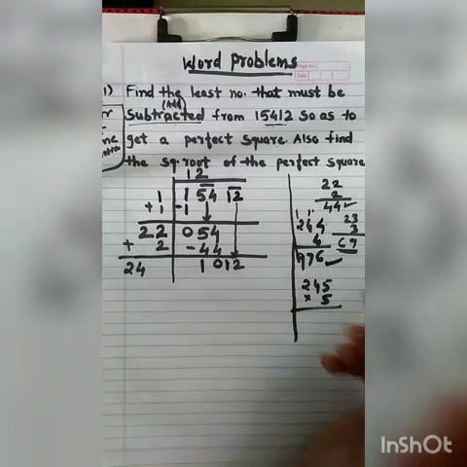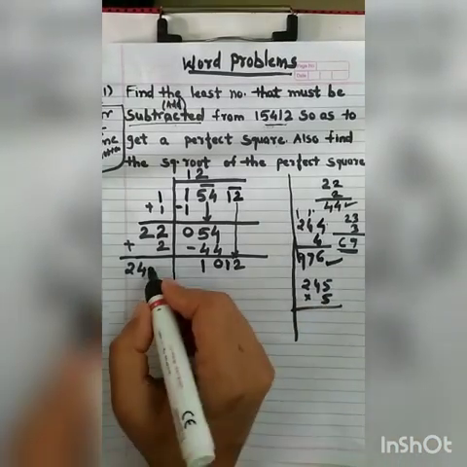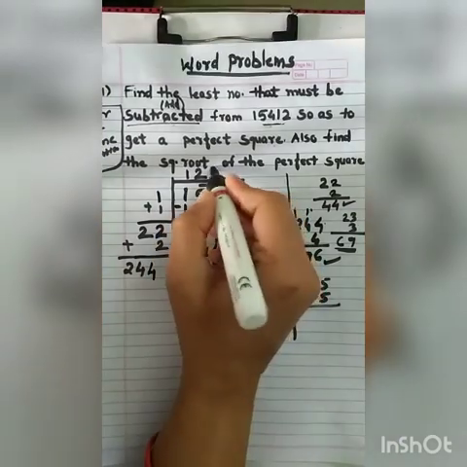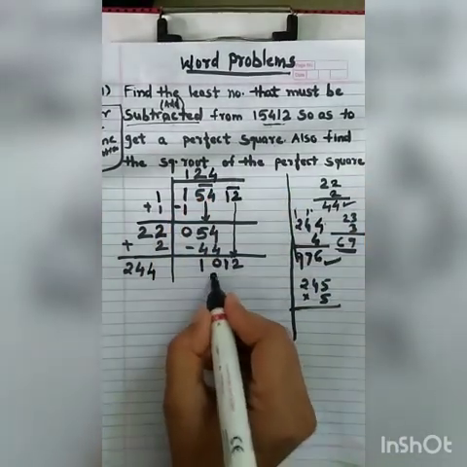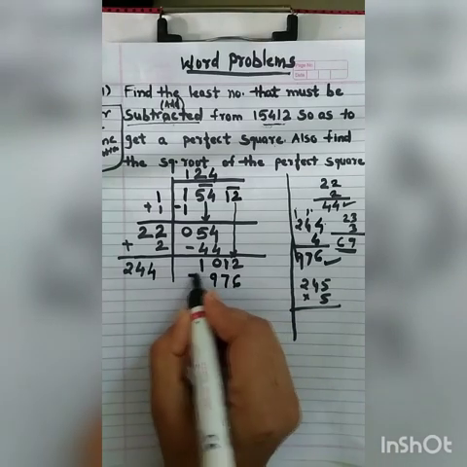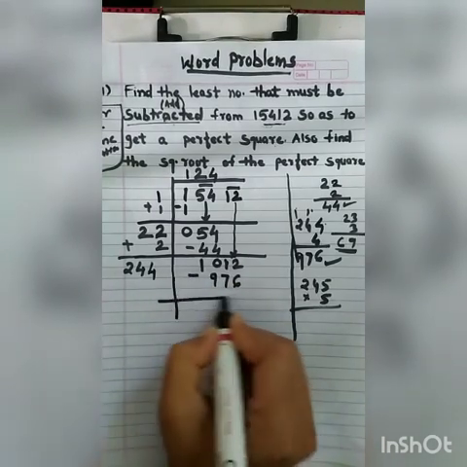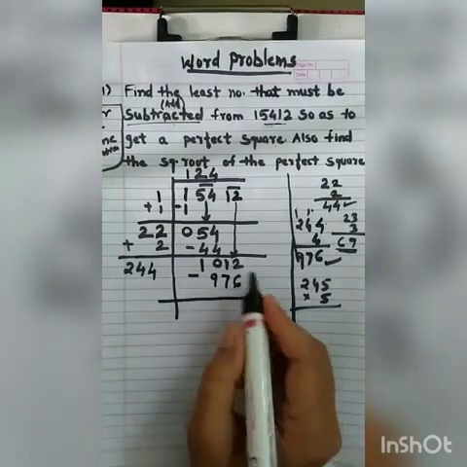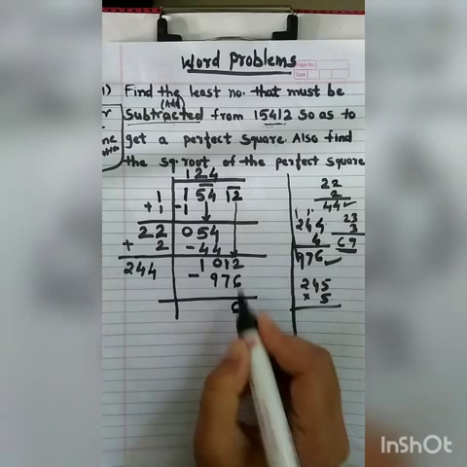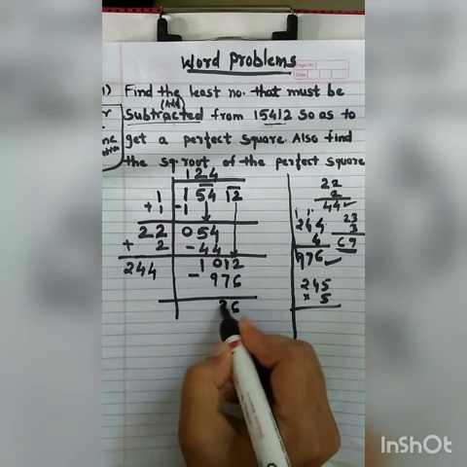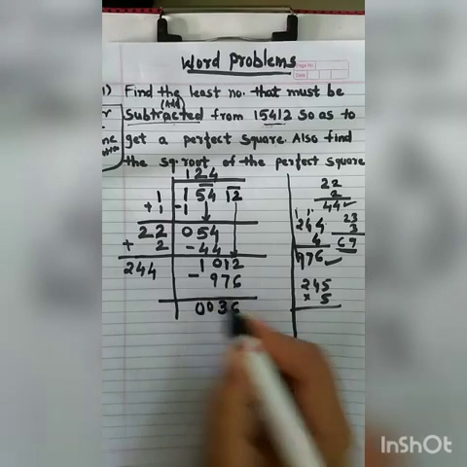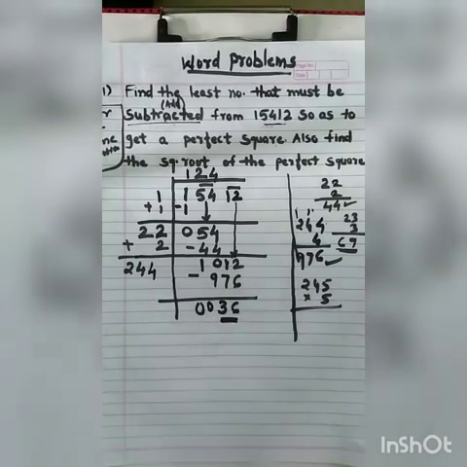So we go with 976. I take 4 in the quotient, that is 976, and the remainder I get here: 12 minus 6 is 6, and 10 minus 7 is 3. So I get 36 as the remainder.